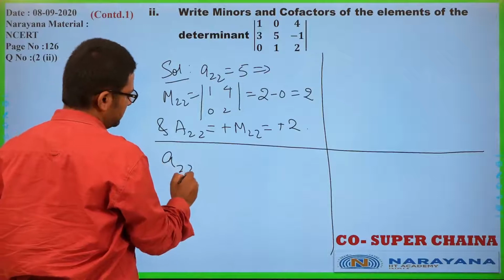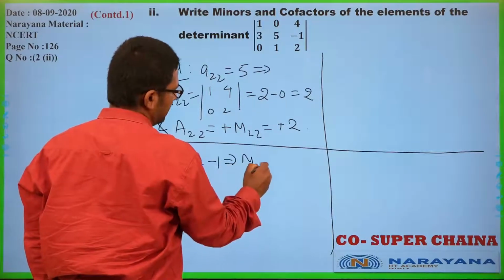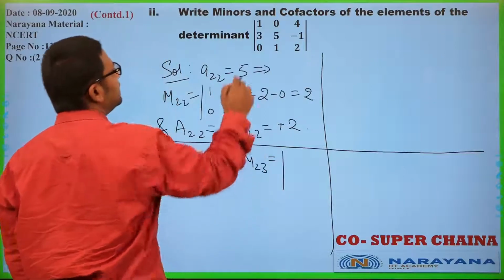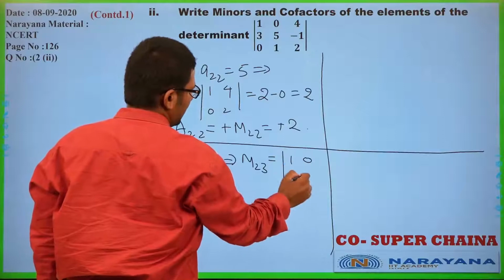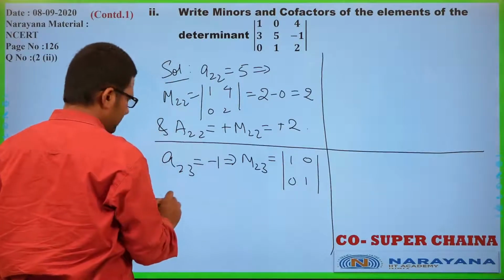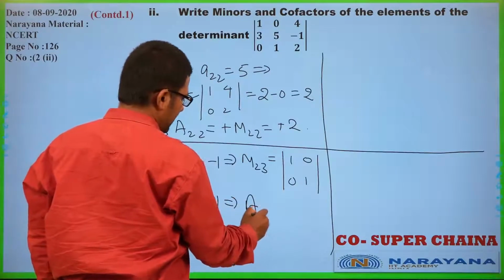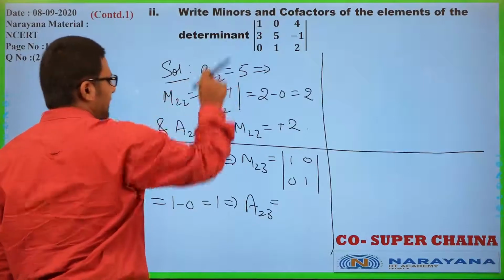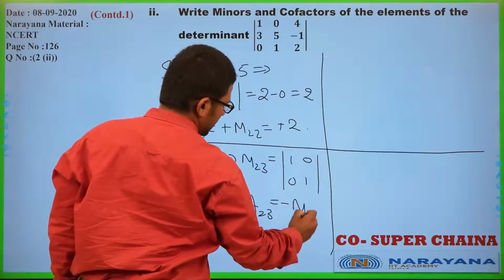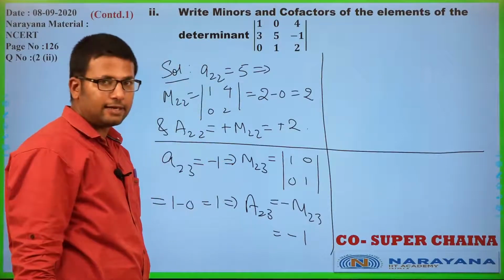Then A23 is the element minus 1. Therefore, M23 would be the determinant, leave second row, third column, so 1 0 0 1, right, which is equal to 1 minus 0, so 1, and capital A23, the cofactor, would be, 2, 3, center of an edge, therefore minus M23, which is minus 1, correct.